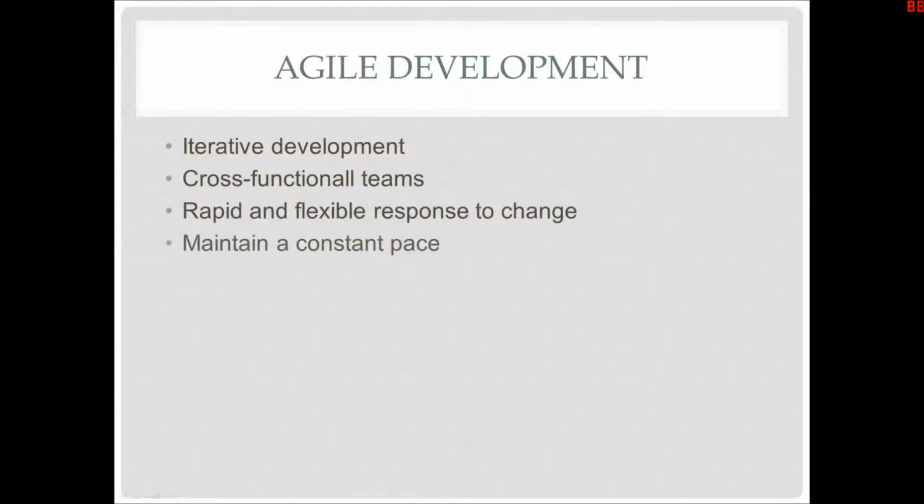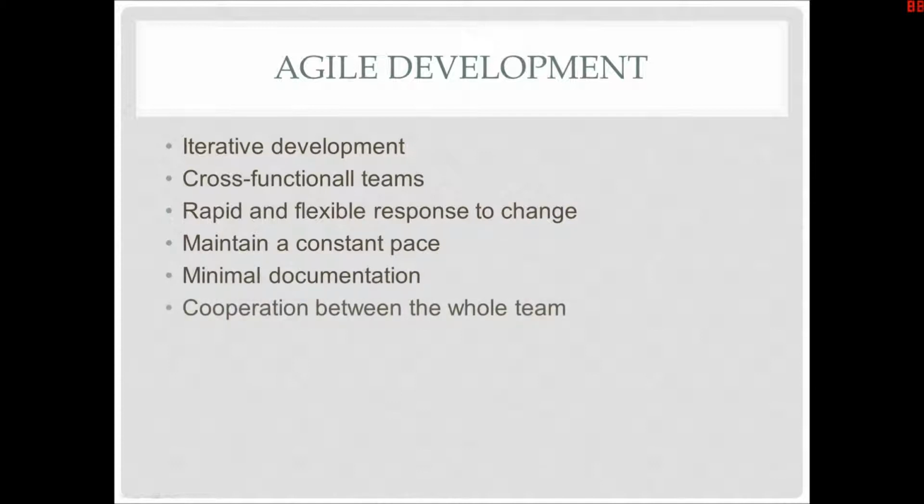It recommends cross-functional teams, which means that you put together members with different expertise, rapid and flexible response to changes. The goal is to maintain a constant pace, limited documentation, and again it's much about getting the whole team to reach the goal for the next iteration.